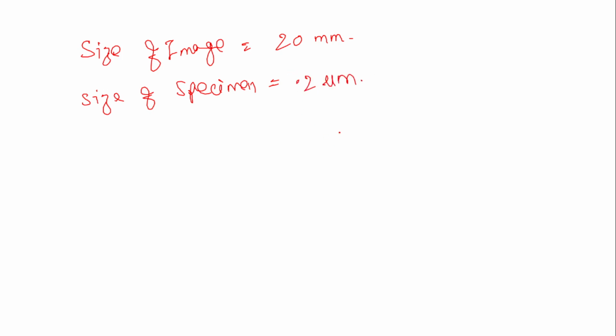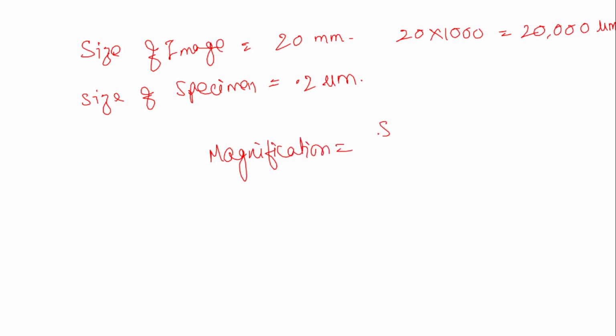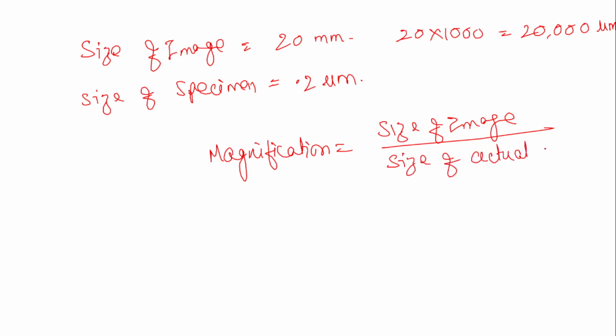We will convert millimeters into micrometers by multiplying 20 into 1000, so it will be 20,000 micrometers. Size of image upon size of specimen will be the magnification.